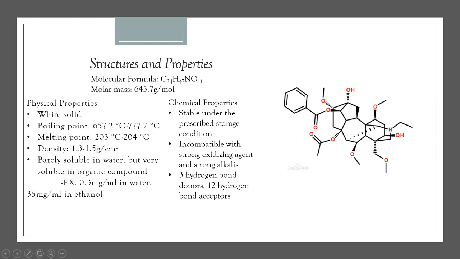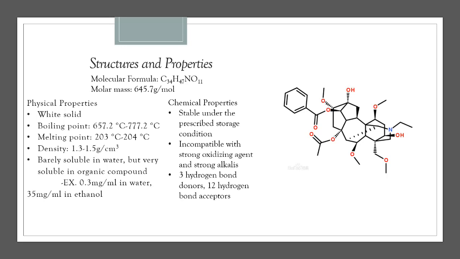The physical properties of aconitine: it's a white solid chemical. Its boiling point is about 657.2 degrees Celsius to 777.2 degrees Celsius. Melting point is about 203 degrees Celsius to 204 degrees Celsius.